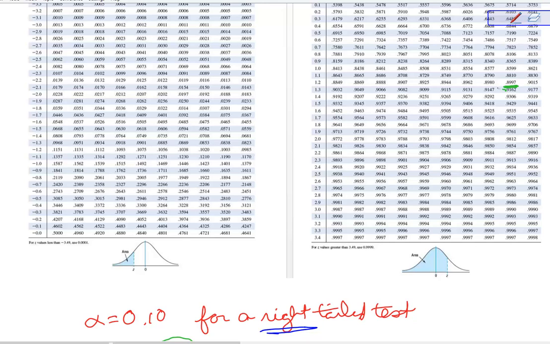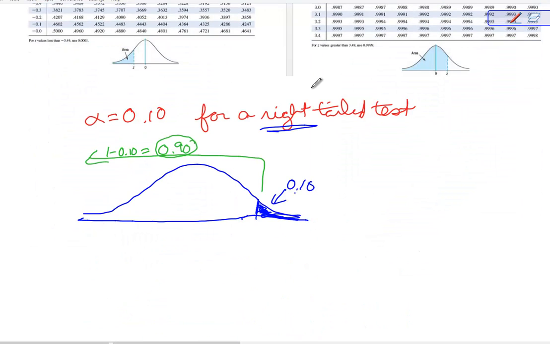And if I follow that over, that is a 1.2, and I can follow that up to an 8. So my critical value, Z, is 1.28.